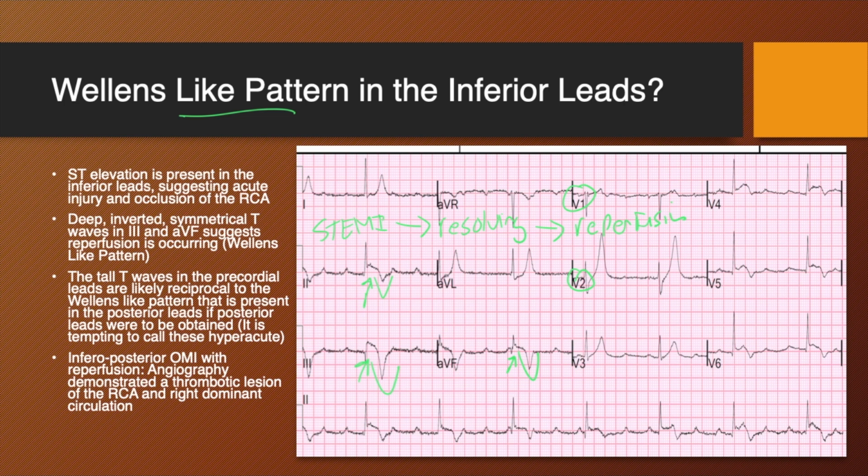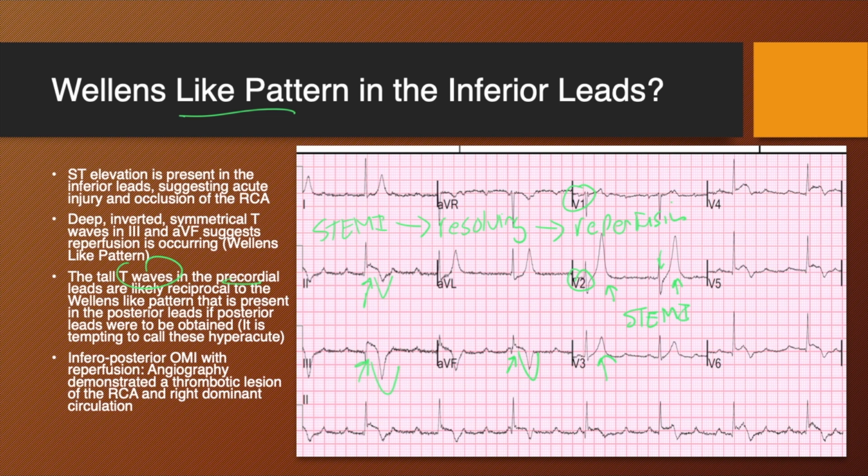There are also tall T waves in the precordial leads, and you might be tempted to call these hyperacute T waves or De Winter T waves. But these are likely, particularly this depression, likely reciprocal changes to ST elevation or a STEMI in the inferior wall.